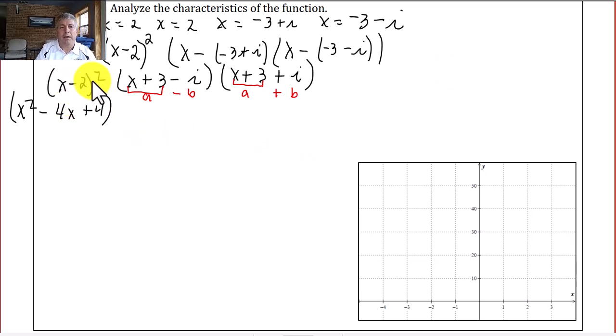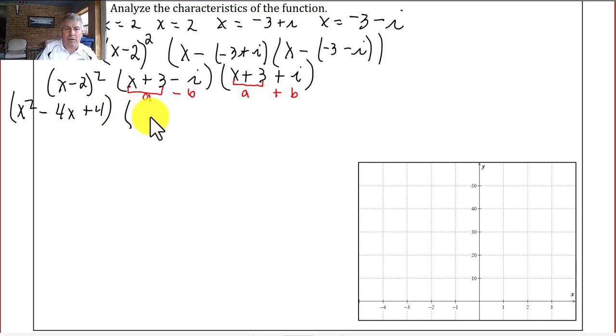I've multiplied out x minus 2 quantity squared using my pattern: x squared minus 4x plus 4. These other two I'd have to FOIL together, but notice we have x plus 3 minus i and x plus 3 plus i. We could look at this as a minus b times a plus b, a difference of two squares, so we can use that pattern to multiply it out.